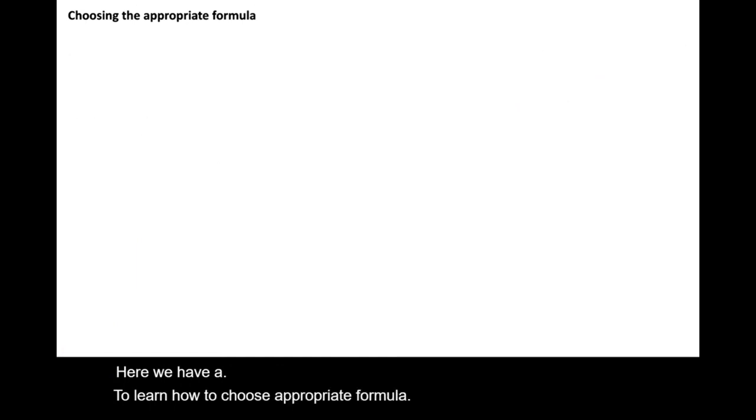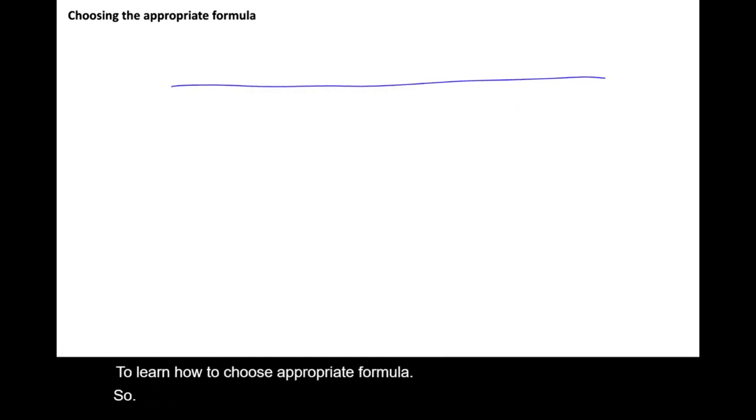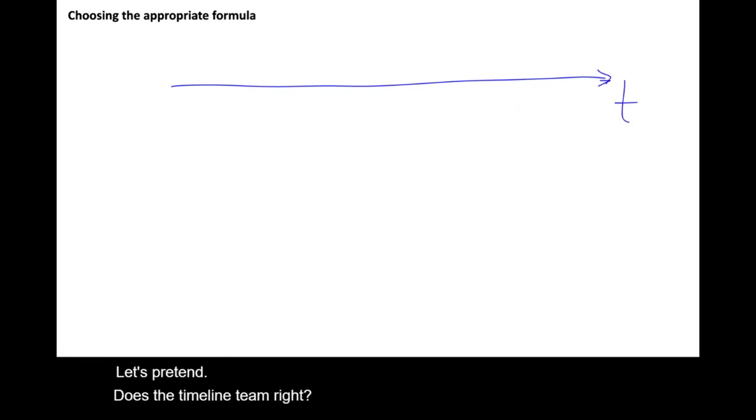So now let's see how it works. Here we have to learn how to choose the appropriate formula. So let's pretend that's the timeline T, right? It flows from left to right. Yes or no, guys?